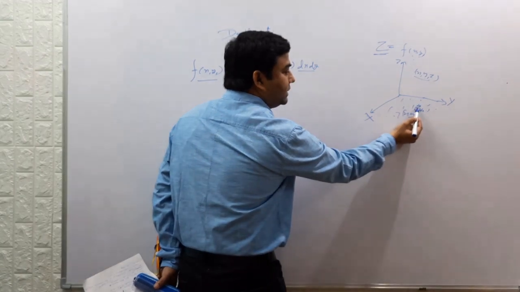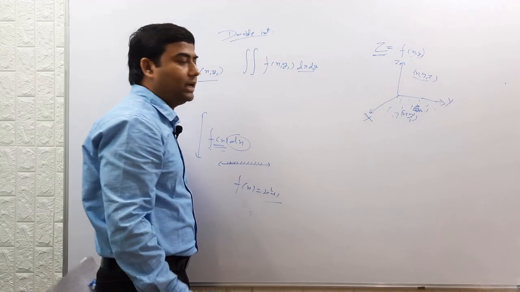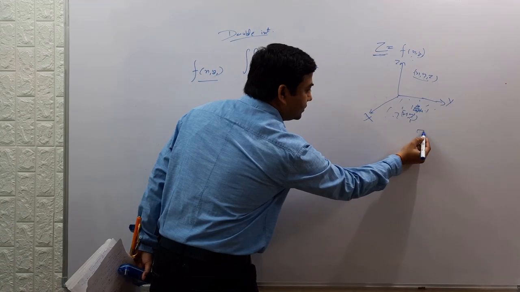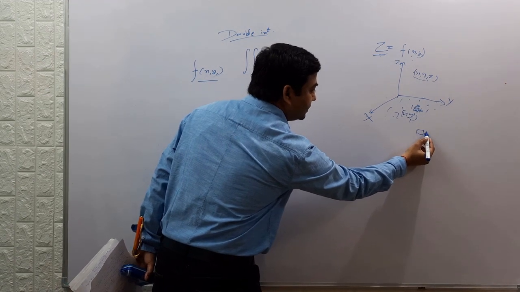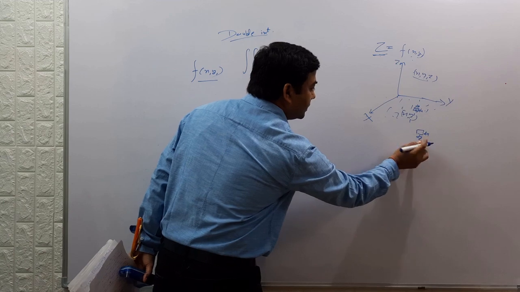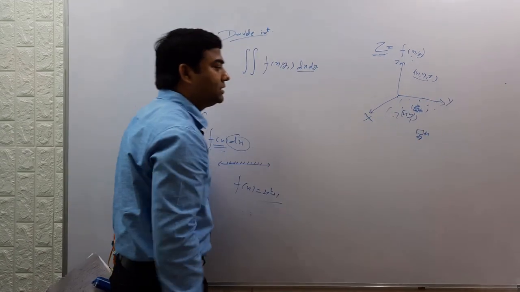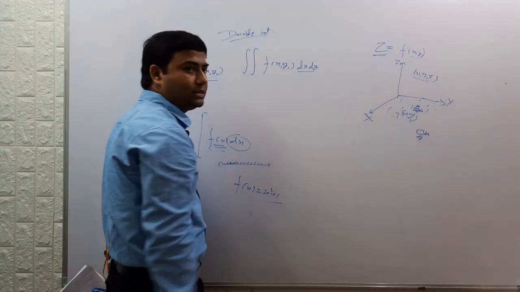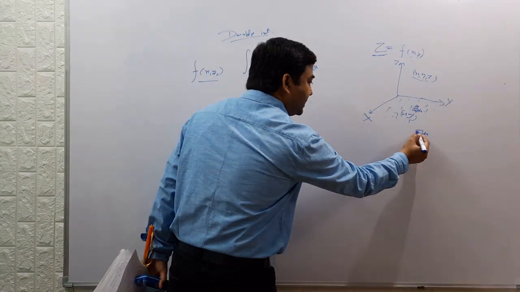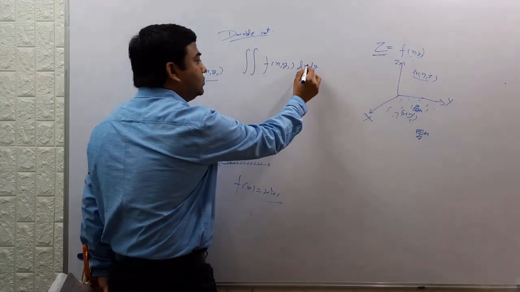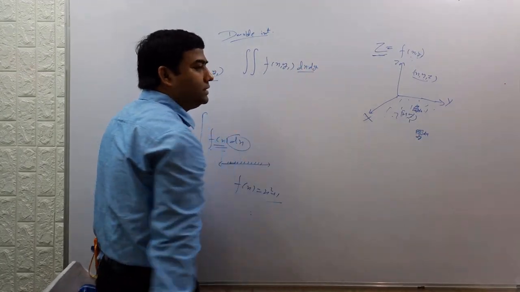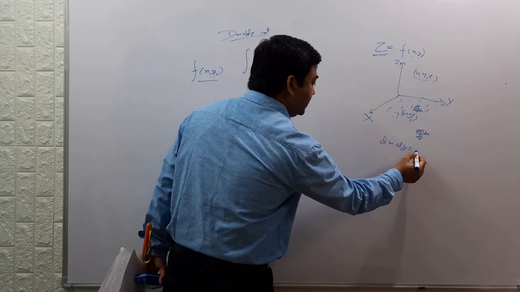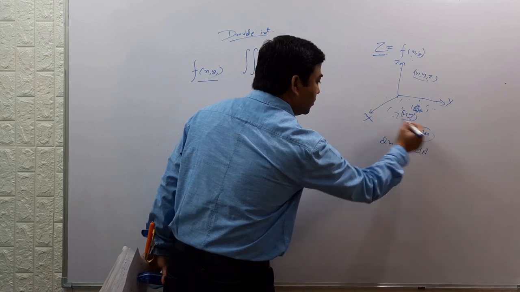So dx into dy is the area of this small element. dx dy is nothing but the area of a small element. dy is a small length in the y direction, and dx is a small length in the x direction, and this dx into dy you can write as dA. This is a very small area.